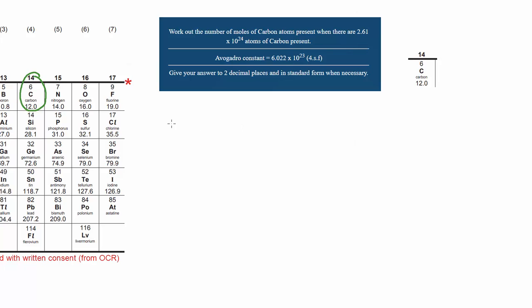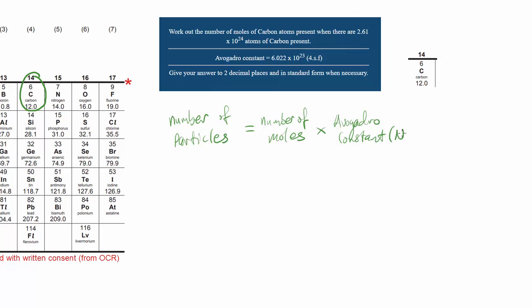originally we would be looking at the number of particles equals the number of moles multiplied by the Avogadro constant, abbreviated as Na.